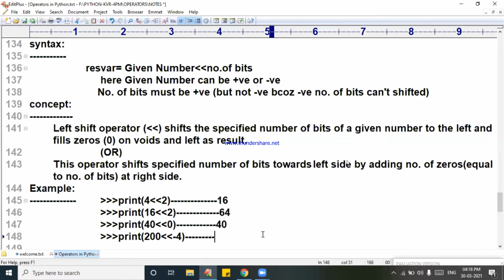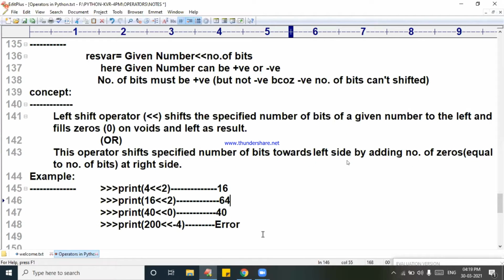This is called error, because negative shift count is not possible. Value error. Negative shifting the bits is not possible. You just mention it. You have already written the diagrammatic representation. Not applicable.